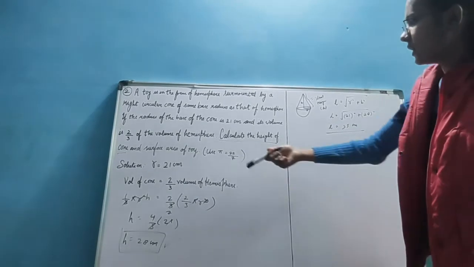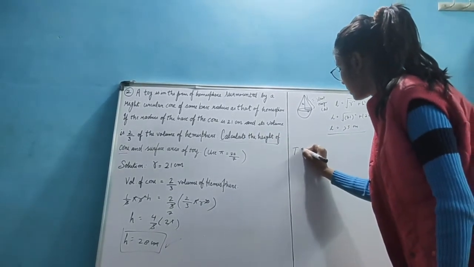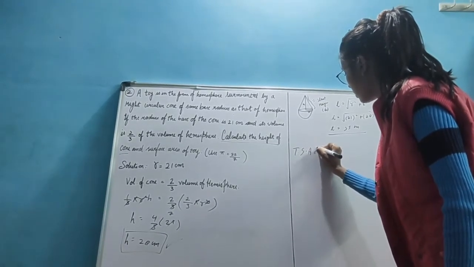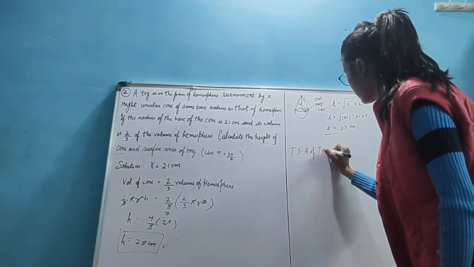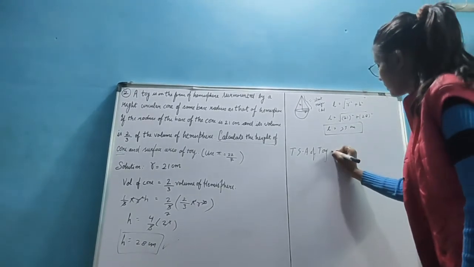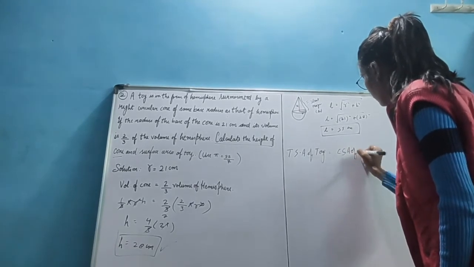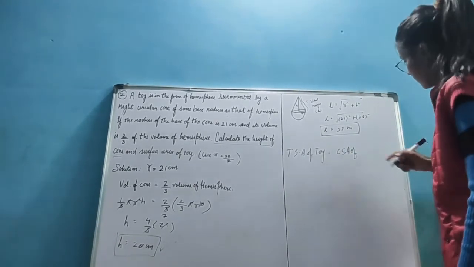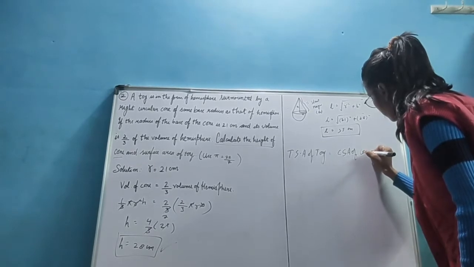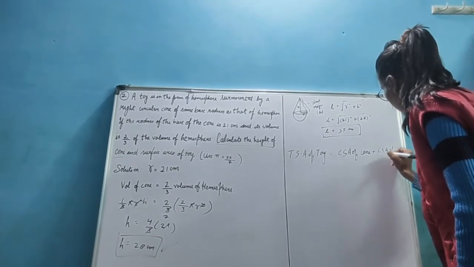Now we can find the total surface area of the toy. Total surface area of toy, let's put it in a bracket, is nothing other than CSA of cone plus CSA of hemisphere.